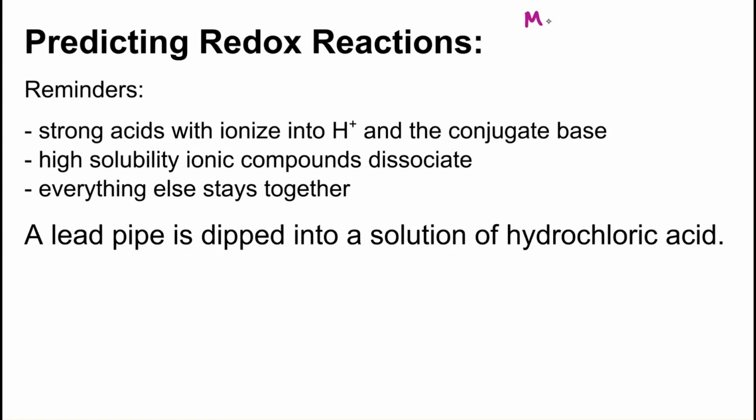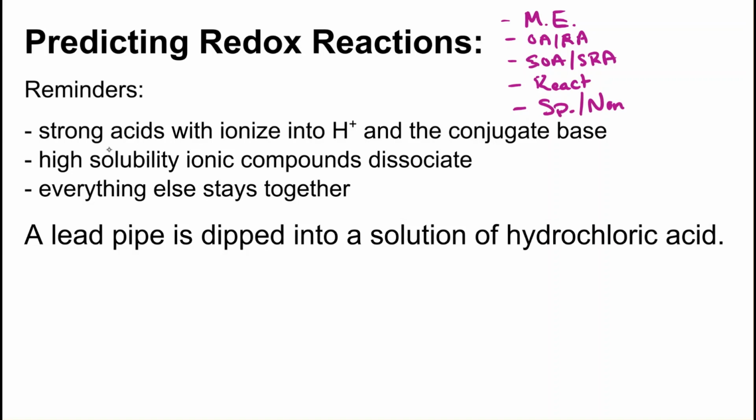You have to do your major entities first, then identify any oxidizing agents and reducing agents, then see which one is your strongest oxidizing and your strongest reducing agent. Then you have to react them together, and then predict if it's spontaneous or non-spontaneous. Those are your 5 steps in predicting a redox reaction.